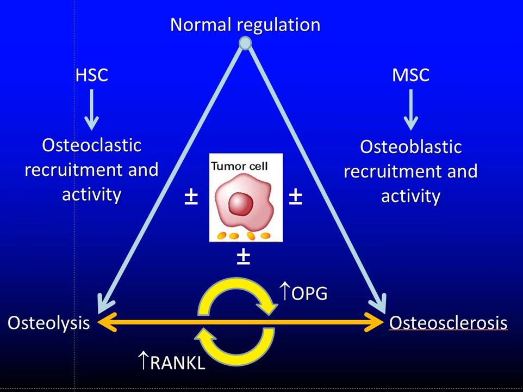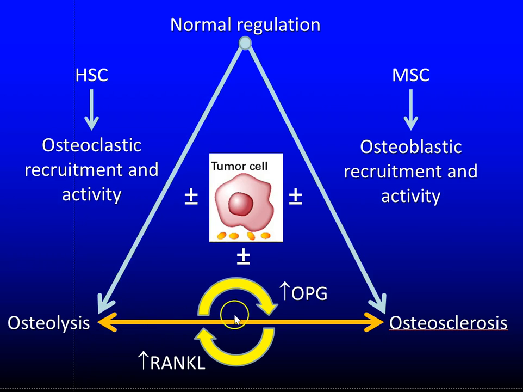Well, here's the normal regulation of the bone, shown schematically. We know that osteoblastic recruitment and activity causes osteosclerosis, while osteoclastic recruitment and activity leads to osteolysis.